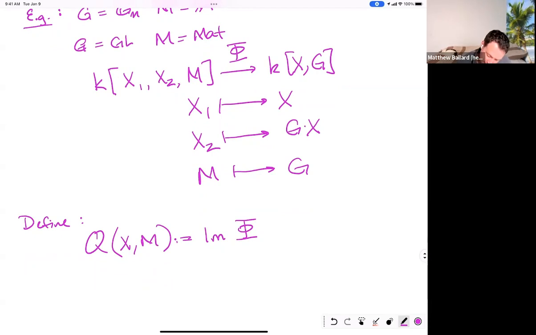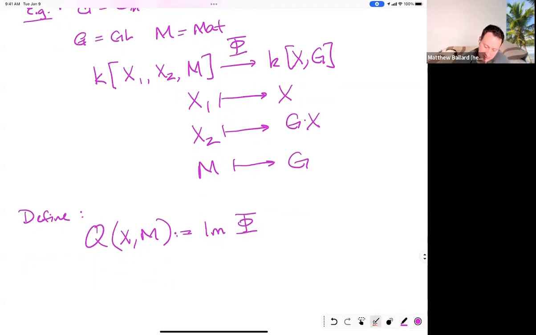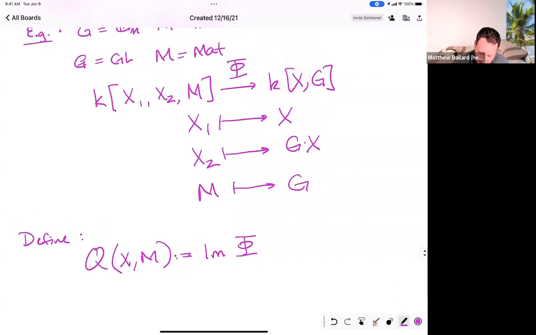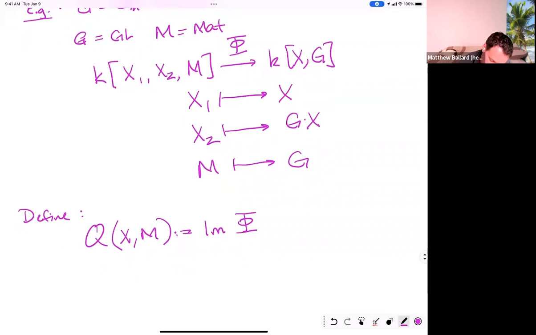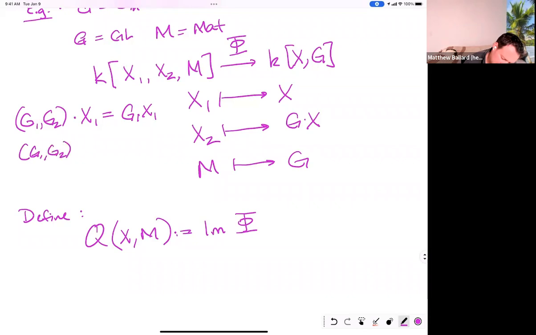Because I have two copies of X, I have naturally a bimodule over X, and this whole picture carries a G by G action, where (G1, G2) on X is just G1 X, which is basically the only thing I can do.